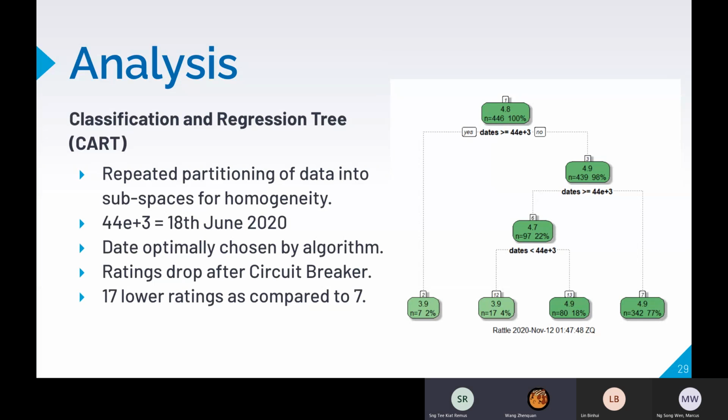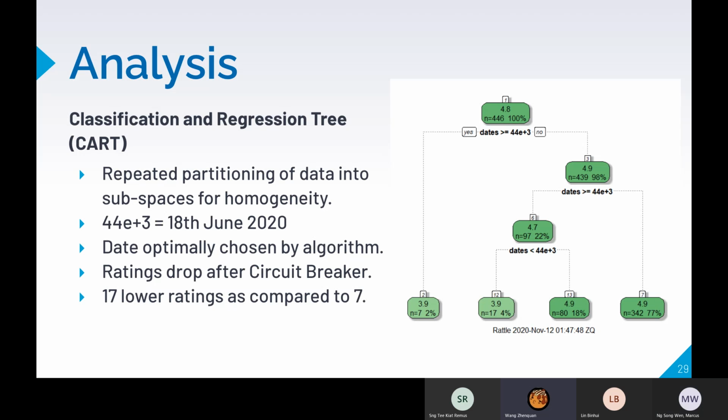Okay. On an extra note, we have done experiments on the ratings and the dates of the top 10 monitors. We have used the classification and regression tree technique, which consists of a repeated partitioning of the data into subspaces for homogeneity of the data.